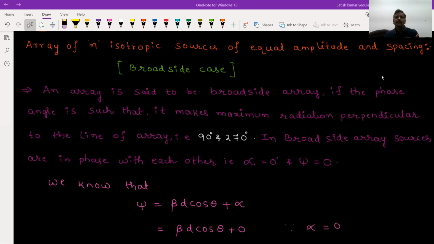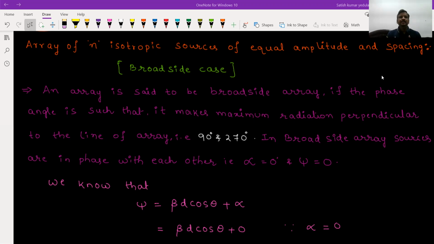If the x-axis is theta equal to 0, and the array axis is along that x-axis, then it fires in the perpendicular direction, which is 90 and 270 degrees. That means it's a bidirectional radiation pattern. One major lobe will be along 90 degrees and the other major lobe along 270 degrees. This is what we have already observed in the two element array.